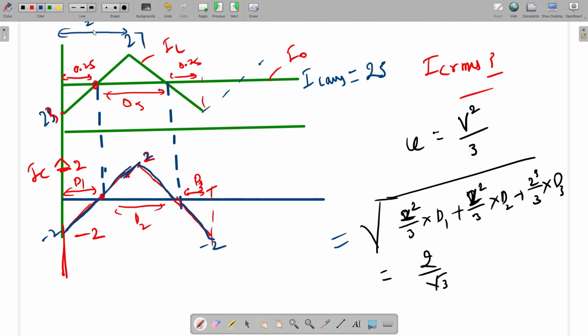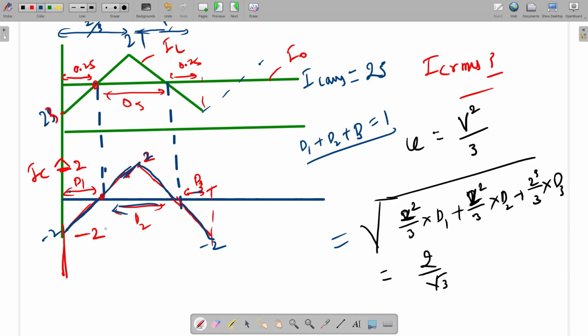This duty will be 2 by 3. And from here to here it will be 1 minus 2 by 3. Okay, these both sections will not be equal, but here in capacitor current, D1 plus D2 plus D3 should be equal to 1. D1 plus D2 plus D3 is equal to 1. So these are three different triangles.